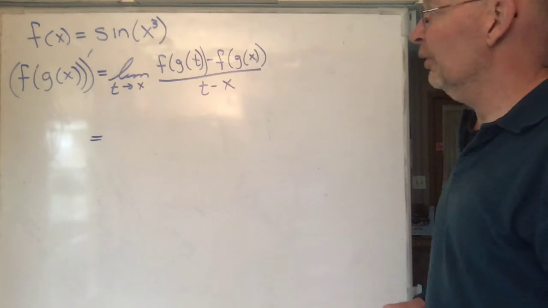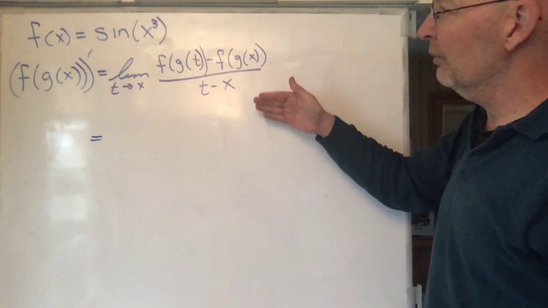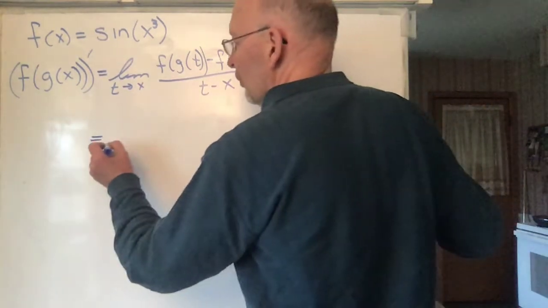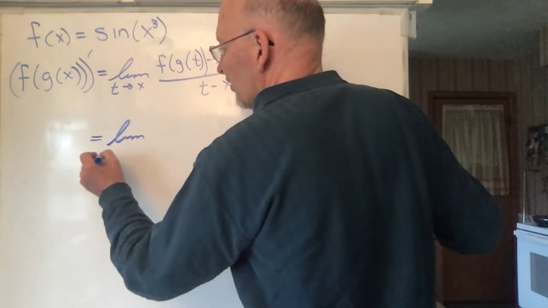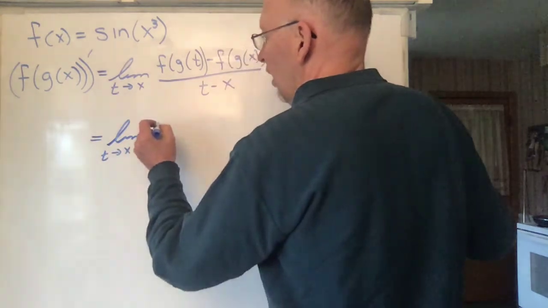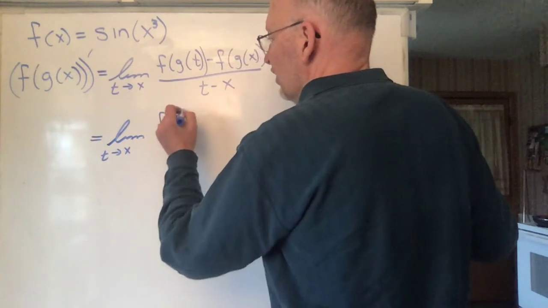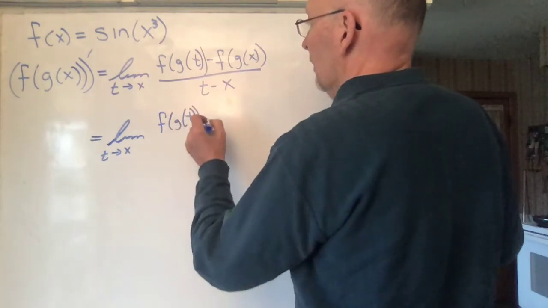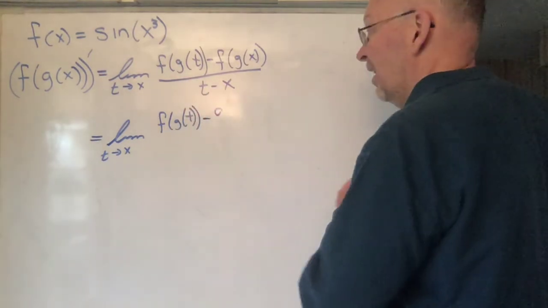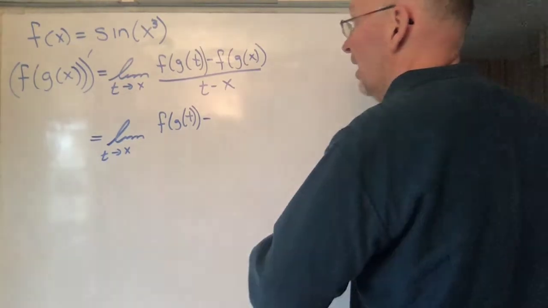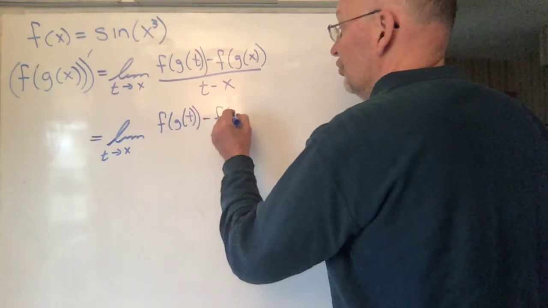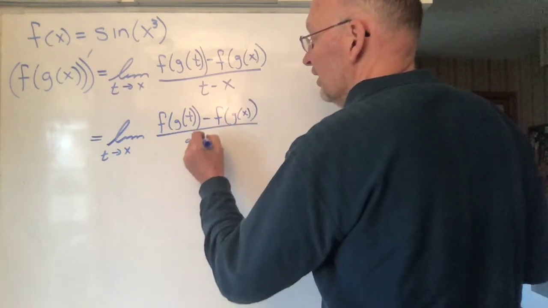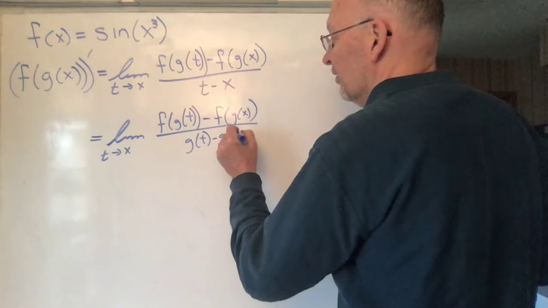In the last problem, we added and subtracted the same thing. So we added 0. Here we're going to go back to what we did when we looked at some limits. We're going to multiply and divide by the same thing. So here's what I'm going to write. I'm going to write the limit as t approaches x of f of g of t minus f of g of x divided by g of t minus g of x.